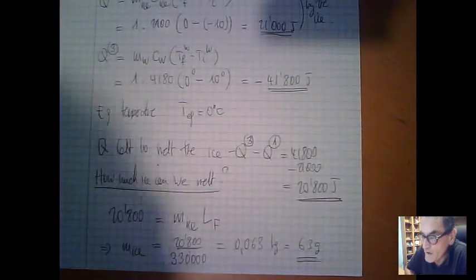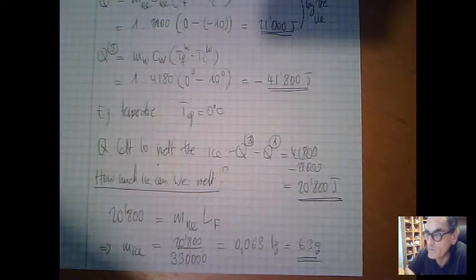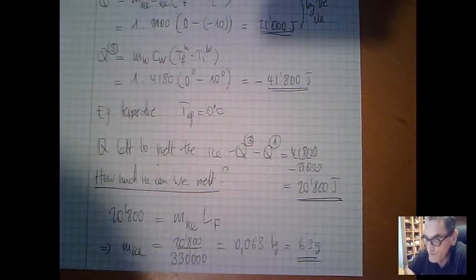So we are actually melting only 63 grams out of this 1 kilo of ice.